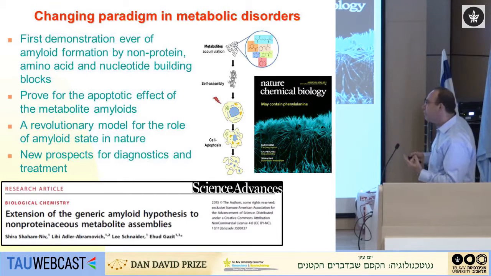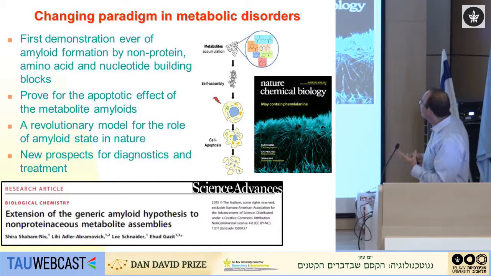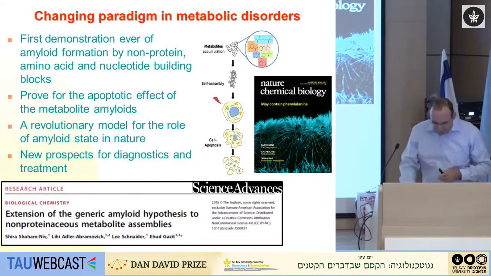This gave a new model for understanding the role of amino acid structures in metabolic diseases and extends the way that we think about the organization of ordered assemblies in metabolic disorders.